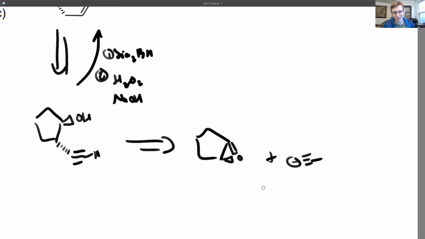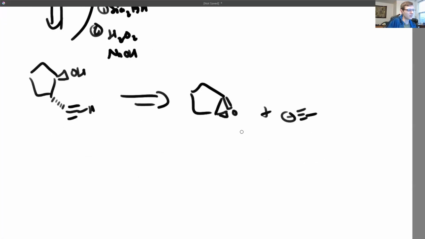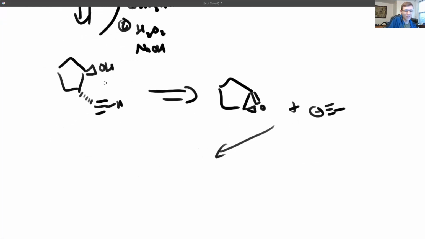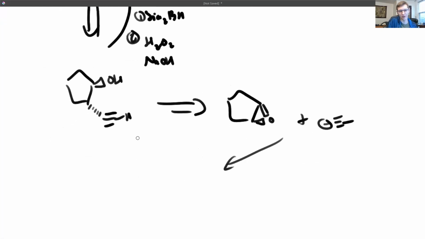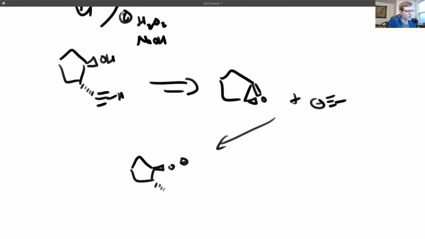Well, there's a slight subtlety here. It's super small, but this won't actually give us this. It'll give us the deprotonated version of it. So we will actually get this O- and a triple bond here.